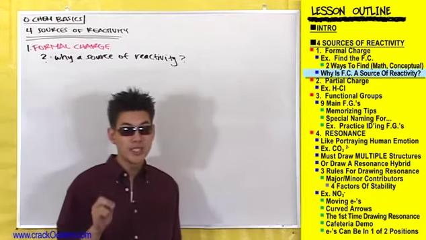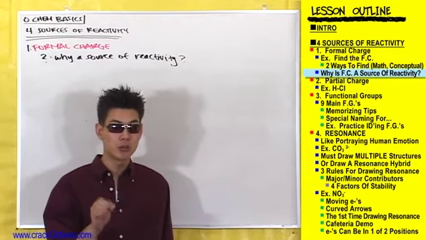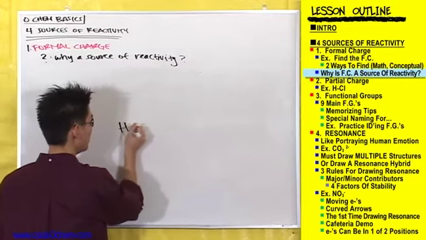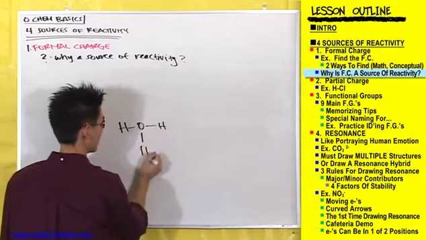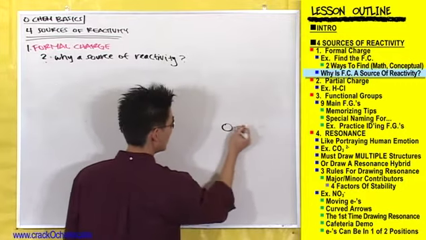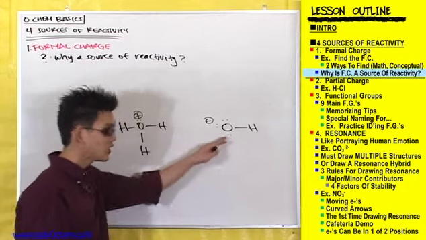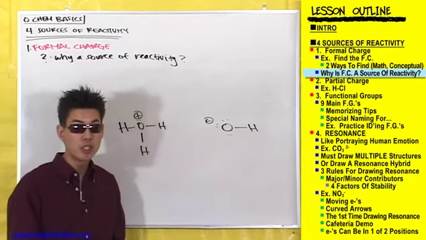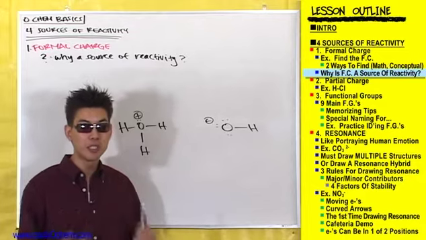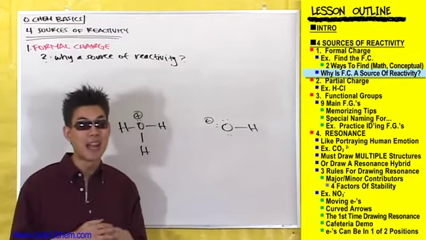So if there's one thing I want you to take from this section, is that whenever you see a full positive or a full negative charge on an atom, like hey, when we saw H3O plus, we saw a plus charge on that oxygen, or when we saw OH minus, we saw a minus charge on that oxygen. Whenever you see a full positive or a full negative charge on an atom, you better believe that something is going to happen there. A reaction is going to happen there.